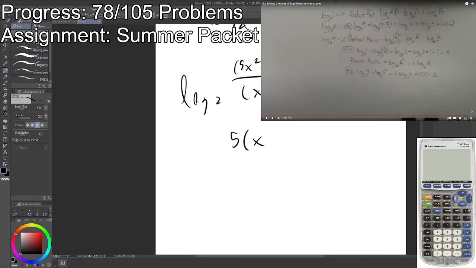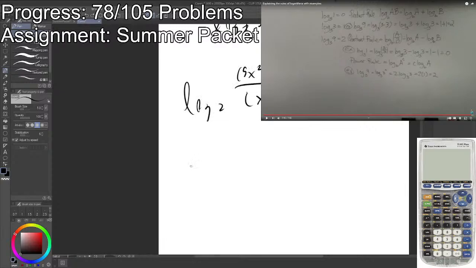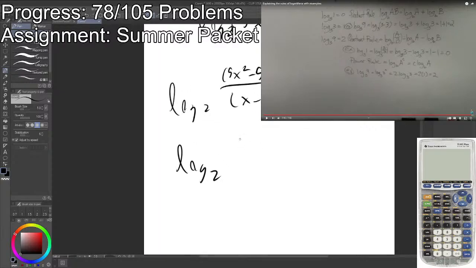Yeah, whatever form works, I guess. I don't know. Can you do anything else with this? Maybe photomath it, see what it gets.